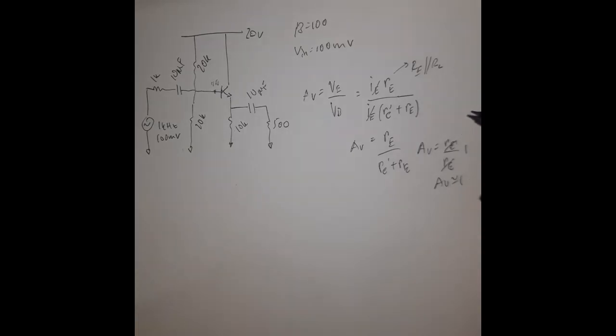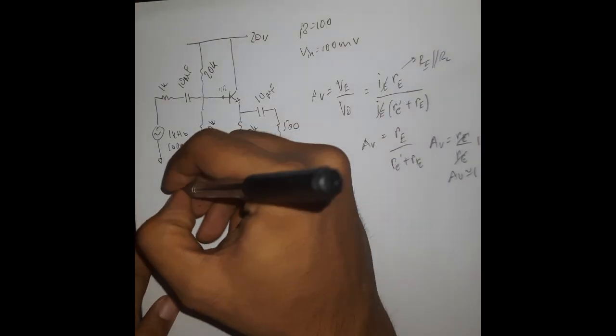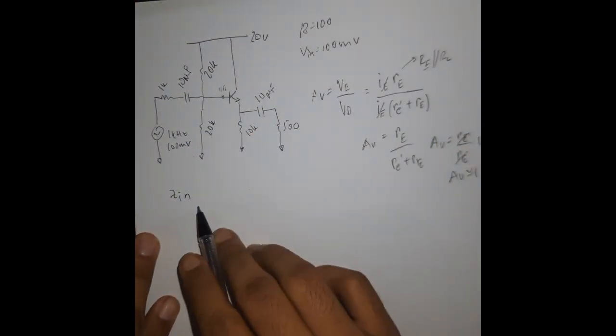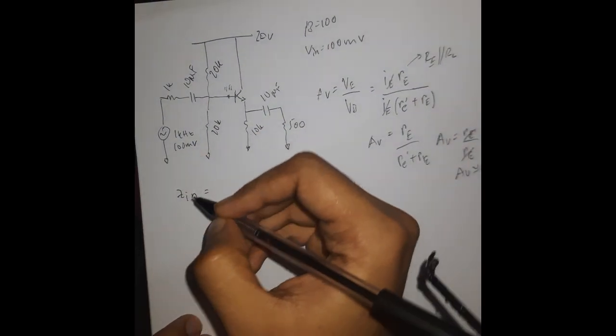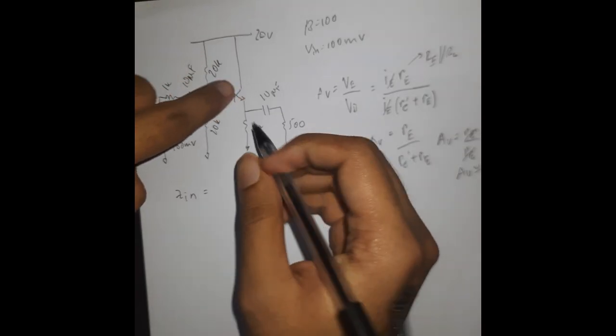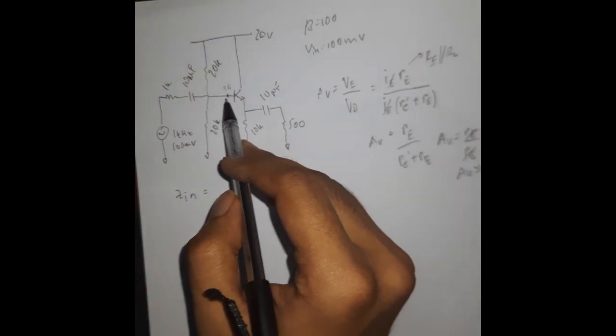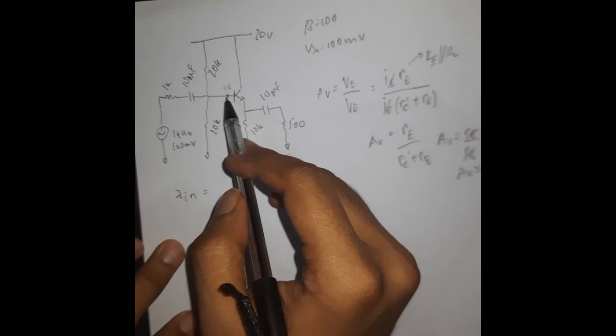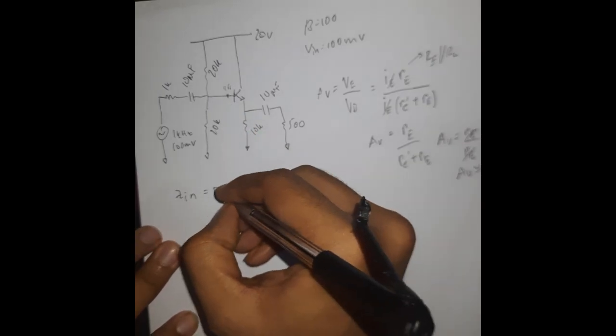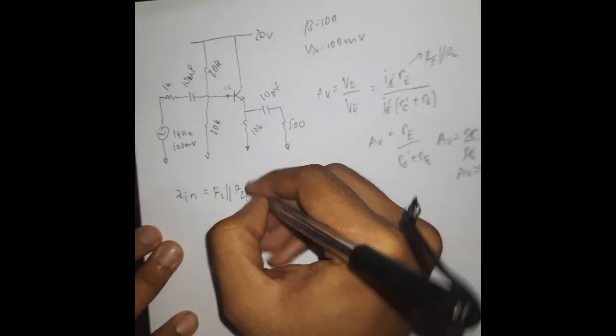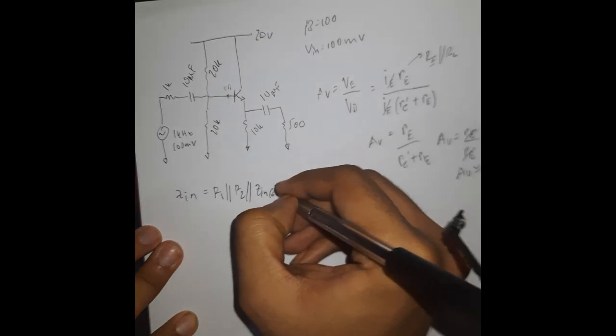Then we focus on the input impedance. Zin is equal to the impedance divided into three regions: R1, R2, and Zin base, that is the input impedance of the base. So R1 parallel to R2 parallel to Zin base.